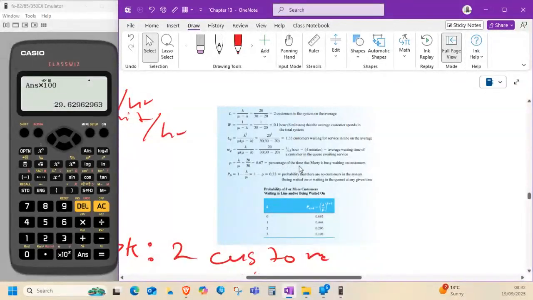I thought it's supposed to be you servicing the customer, but it seems like it's the probability of you waiting on the customers. And also, it's very critical that you understand whatever you are doing. This W says time, so you need to be able to say hours once you're done. Here it says customers, so you need to pinpoint that you are dealing with customers. Whenever you're dealing with probabilities, you do the probabilities. Whenever you're dealing with the hour, you speak about the hours.